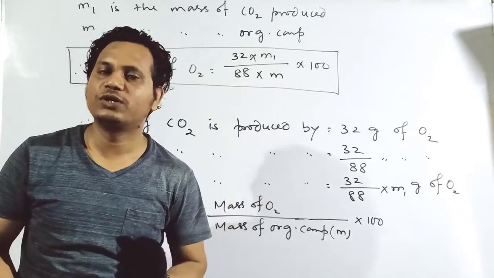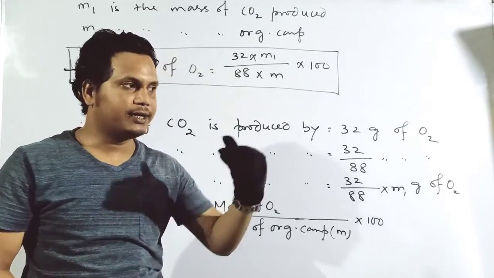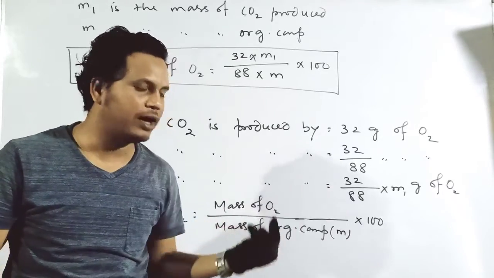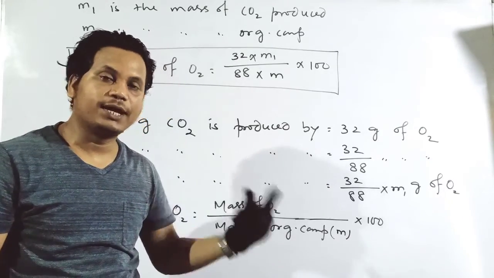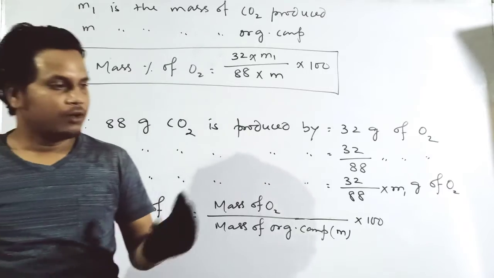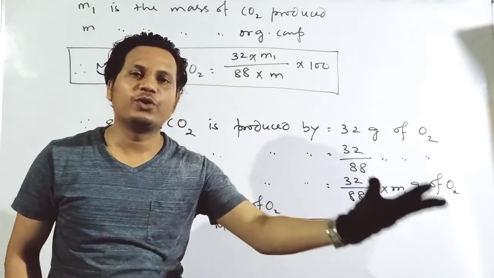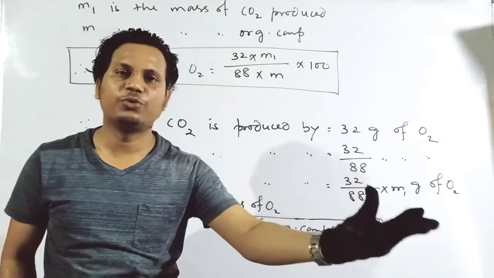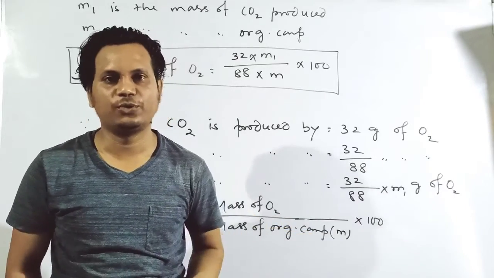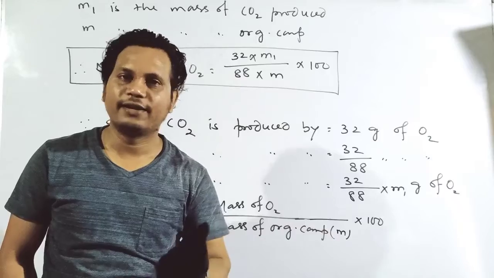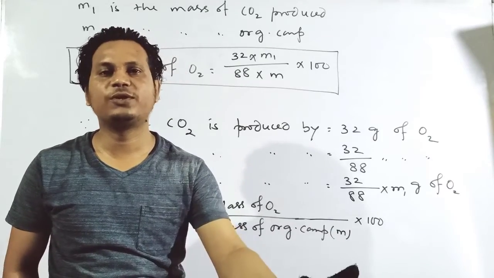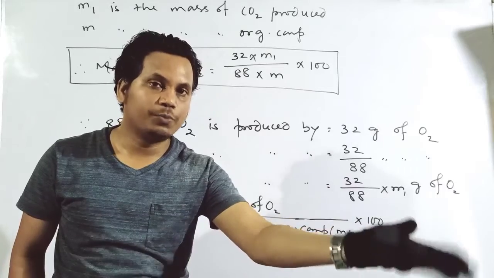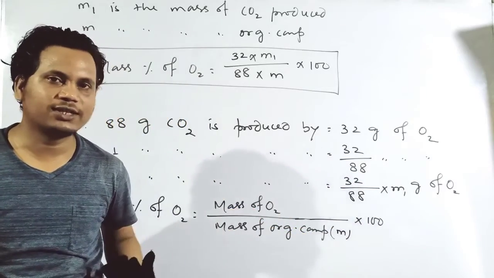Balance the two equations in such a way that carbon monoxide cancels, and we get the final result. From that we see that 5 moles of O2 produces 10 moles of CO2, so 1 mole of O2 produces 2 moles of CO2. 1 mole of O2 means 32 gram, 2 moles of CO2 means 88 gram.